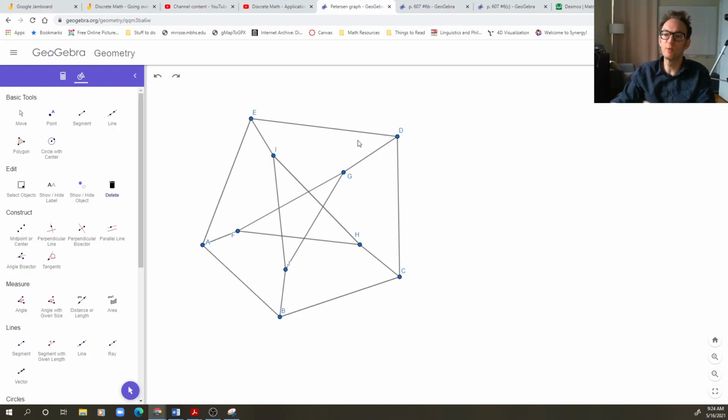And so, okay, removing any one vertex, clearly this graph will still be connected. So now you have to say to yourself, okay, is it possible to delete 2 vertices somewhere on this graph and to make this graph disconnected?